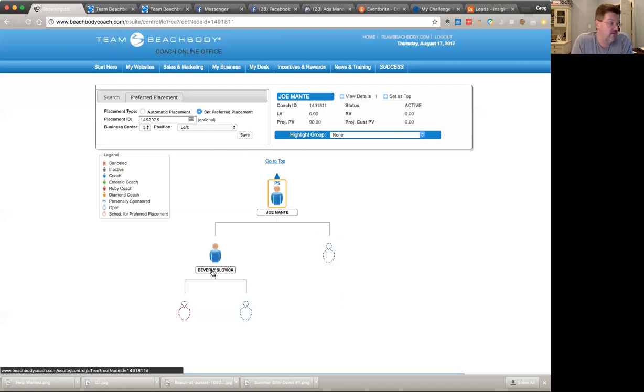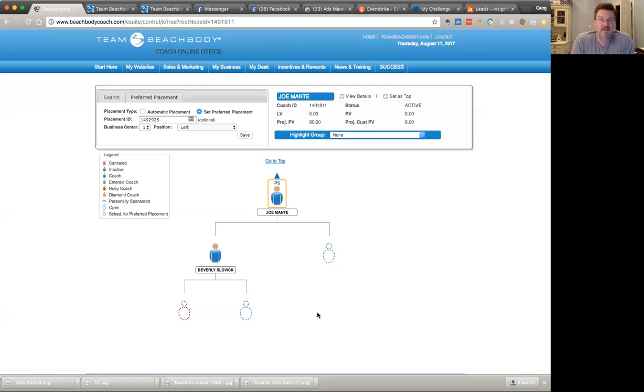Now, eventually you're going to have to get a couple more coaches on your strong side in order to rank advance. Because to go Ruby, you're going to need 2 coaches on each side, and one of those has to be an Emerald coach. So you could get your wife to Emerald, and then you just need one of the many coaches that you have on the other side to go Emerald, and then you go Ruby, and then you just need a couple more and you go Diamond.